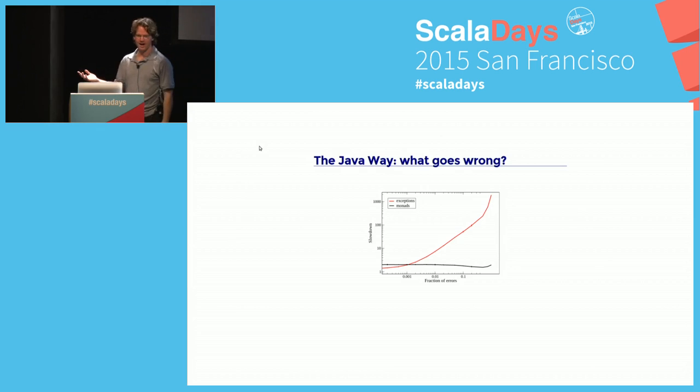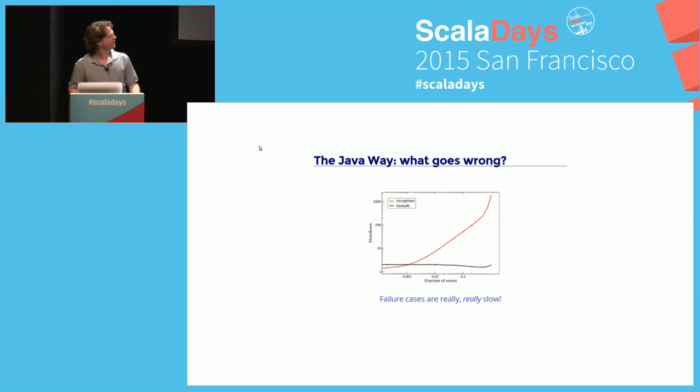That means the errors aren't costing you anything extra. And I seem to have plugged the wrong thing in here. It was supposed to just be the exceptions line. But if you look at the red exceptions line, you see if the fraction of errors is extremely tiny, then on a very simple problem like this, you're spending most of your time on the errors. But if the error rate creeps up to like 1%, suddenly you're spending 10-fold more time than you want just because you're doing this error handling. So that's not exactly ideal.